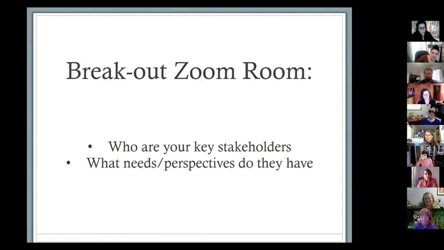We talked about Cascade County. Ellie and I are in Cascade County, and Dawn is with the environmental health program in Helena. For us in Cascade County, key stakeholders are pediatric providers and OBGYN.